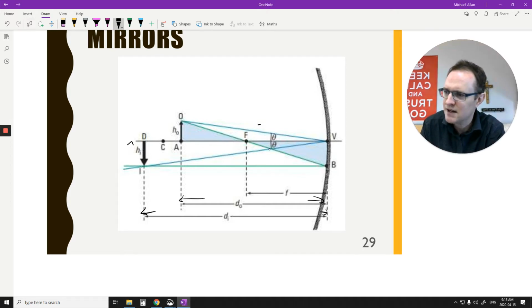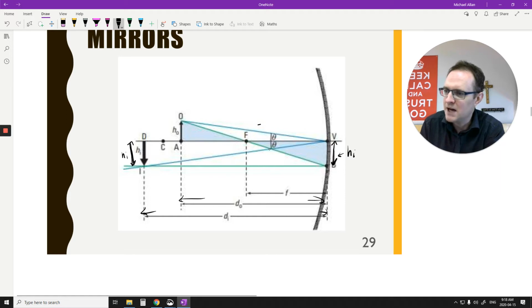You notice that this height here, which is already labeled HI, if I go across over here to where VB is, this height and the height over here on the other side are both the same. So I'm just going to label this HI as well, for the sake of our similar triangles. Now, I'm going to look at this blue shaded area first.